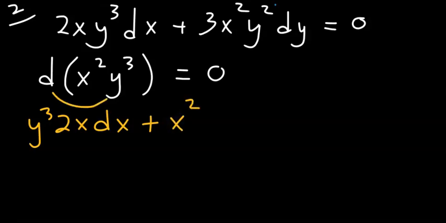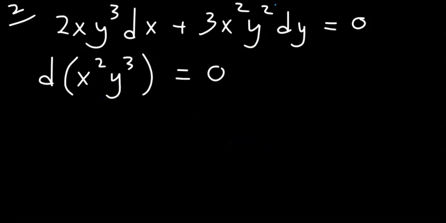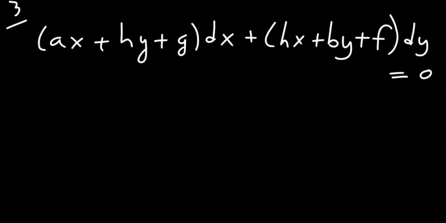So the differential of y cubed is 3y squared dy. You see that this is this term, and that is that term. So indeed, this is the exact form of that equation. Now this equation can be readily integrated and you get x squared y cubed equals a constant, let's call it a, and that is the general solution.